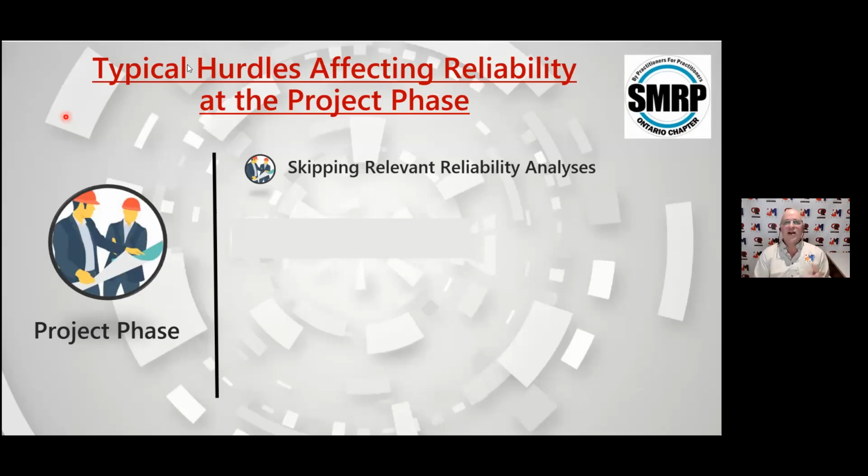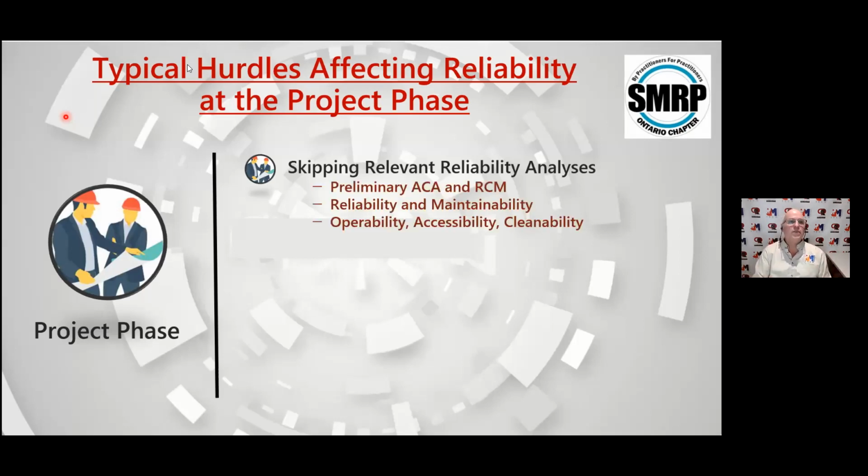So I will ask, do you have any ACA analysis, a preliminary analysis from the project phase? And it is sad to say, but most of the time that doesn't exist. This is a very important hurdle that you find very often. Skipping the ACA analysis, the preliminary RCM analysis, and all the reliability analyses is very common, more than we would want.